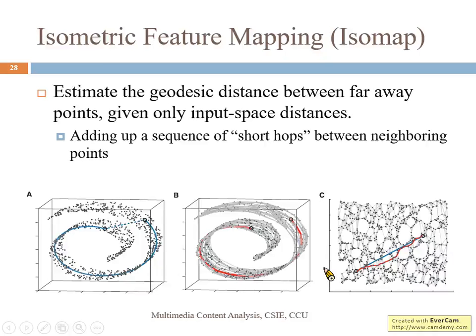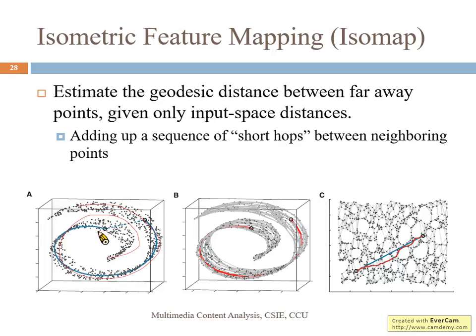And to explain the idea of ISOmap, we start from a synthesized data set. Assume that in the high dimensional space, the synthesized data distribute like this. It's just like a Swiss roll.